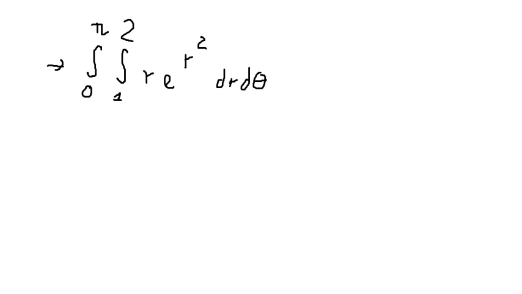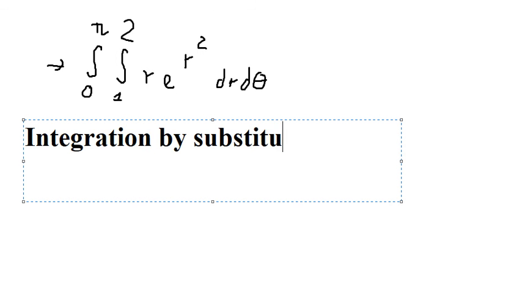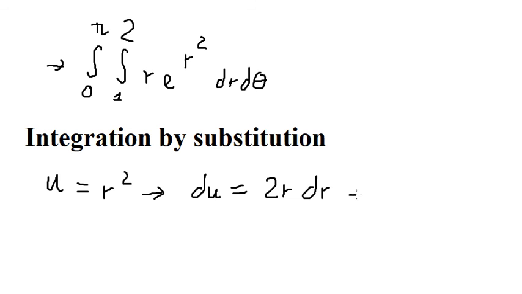So in this situation, we can use integration by substitution. So I will put u equals r squared. Later we take the derivative of both sides, and we have du equals 2r dr. Later we divide both sides by 2.